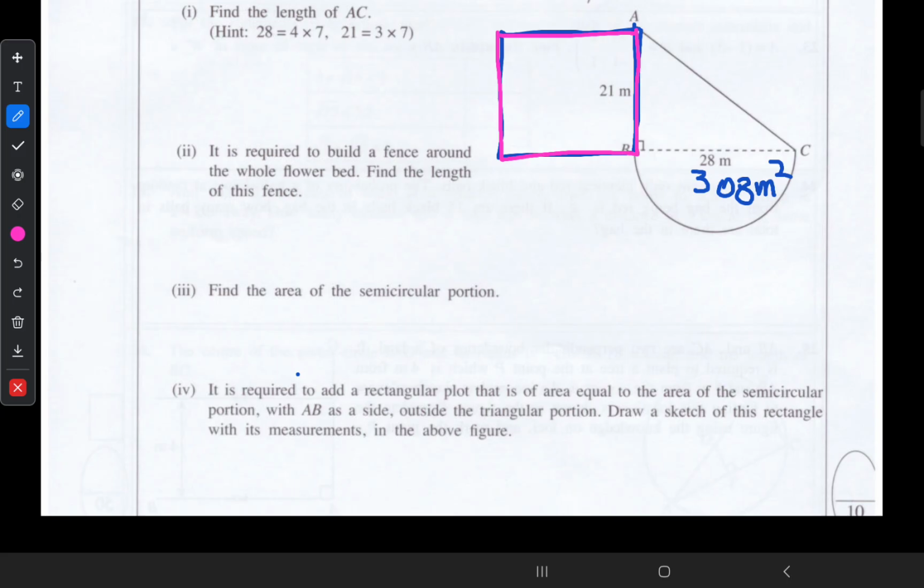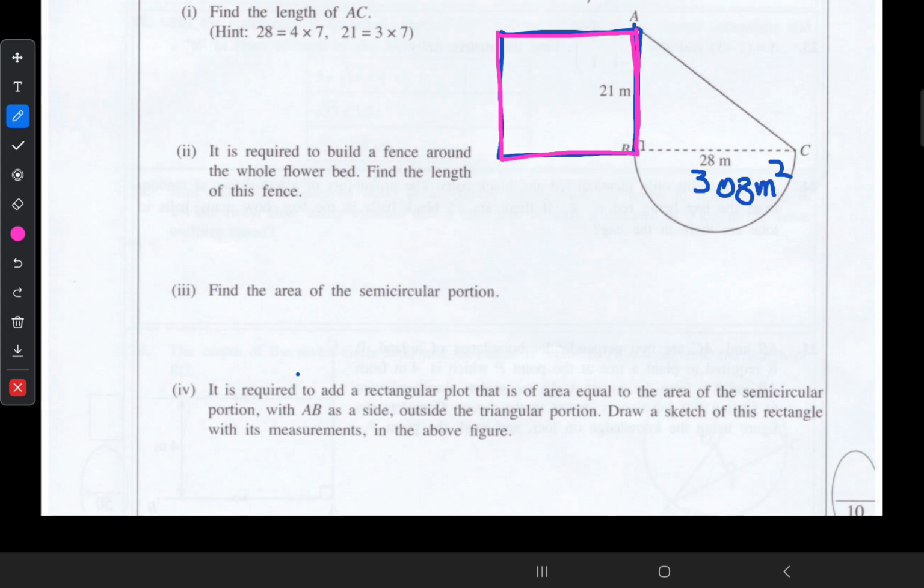So the length of this rectangle equals 21 meters. Then draw the sketch of this rectangle with measurements. Measurements of a rectangle means length and width. We know the length. We have to find the width of this rectangle.